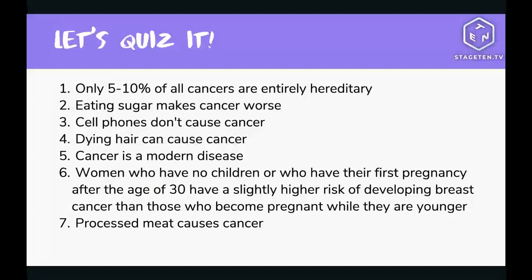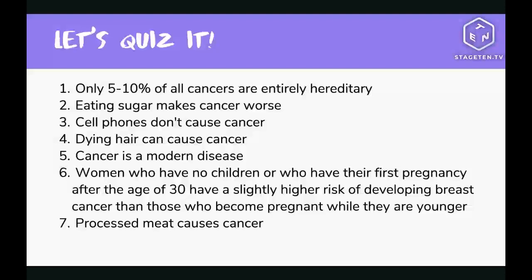Statement number 3: cell phones don't cause cancer. This statement was true.